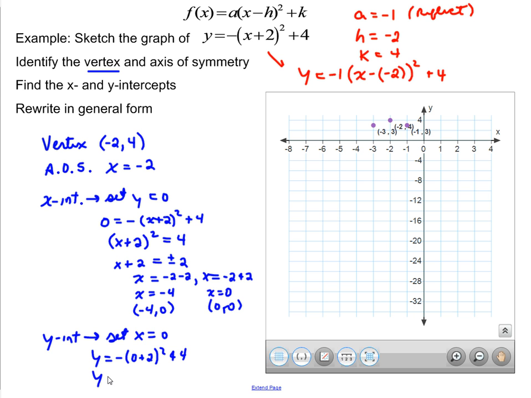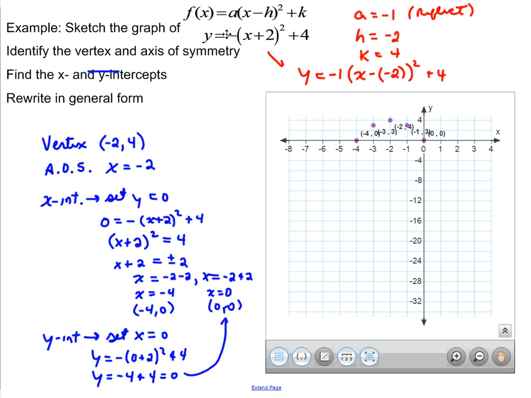Well, y will equal negative 4 plus 4, which is to say 0, and we've already identified that point as 0, 0. So let's go ahead and plot these points on our graph so we can see them. Negative 4, 0 will be here, 0, 0 here, and we're already getting a fairly clear picture of what this graph is going to do, but let's plot this graph anyway.